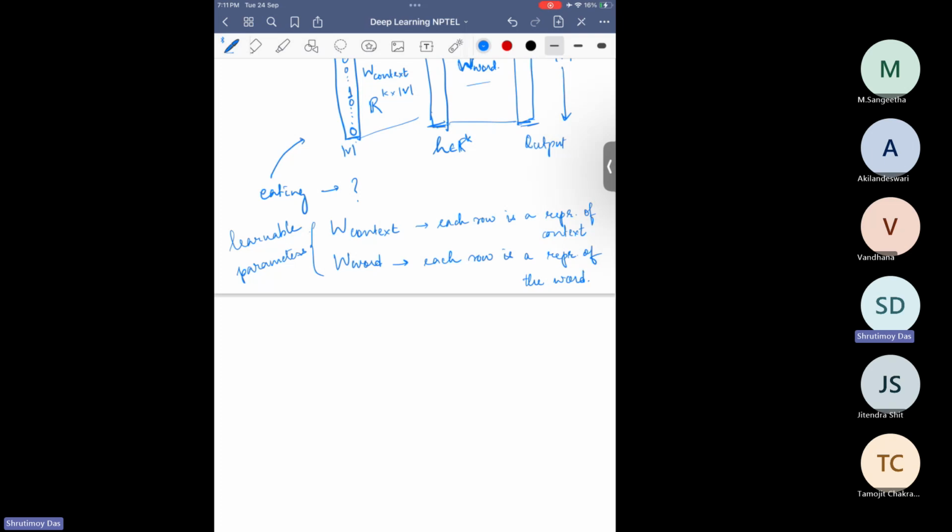What is softmax? Basically, given some representation of the words, you take the ith entry of that, and then you sum over all of these entries.